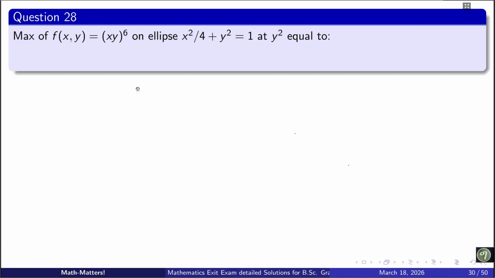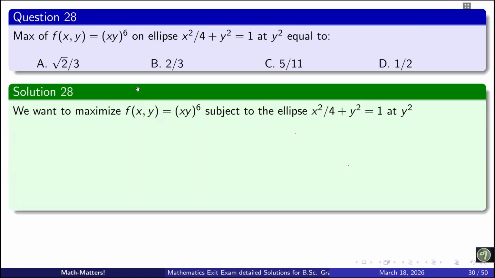Next, the maximum of f of x, y equals x squared y to the power of 6 on the ellipse x squared over 4 plus y squared equals 1.